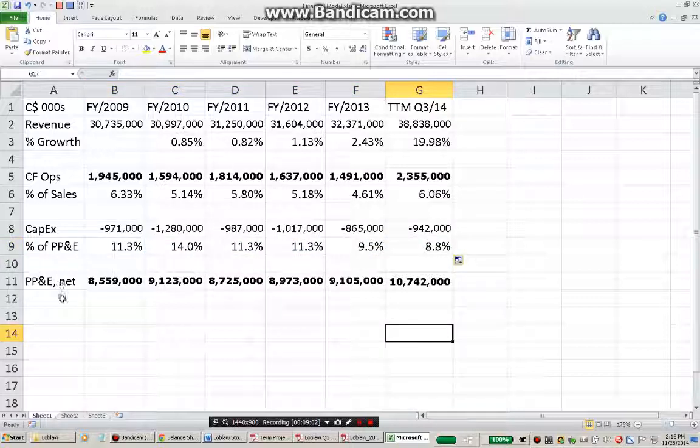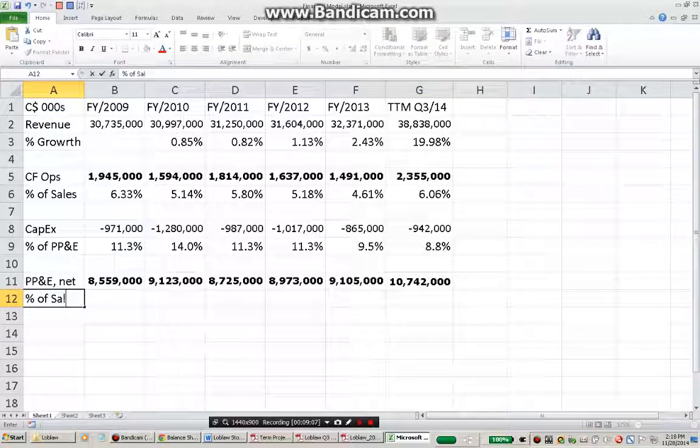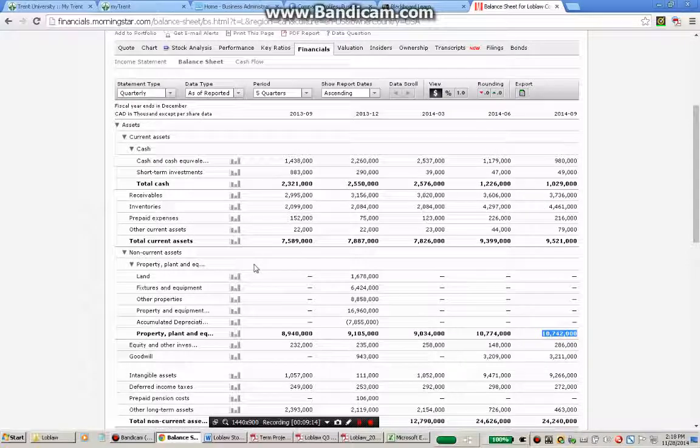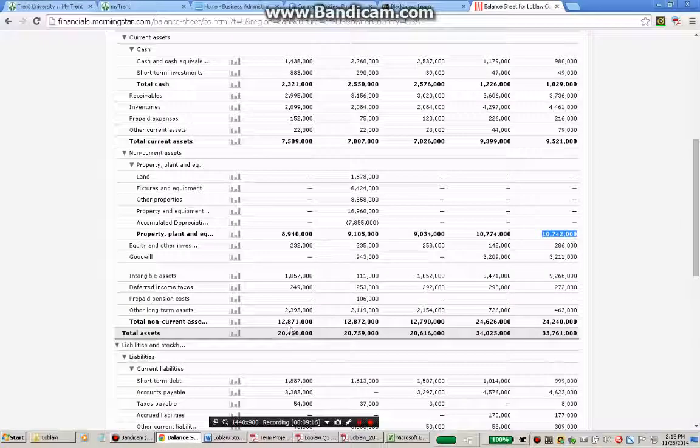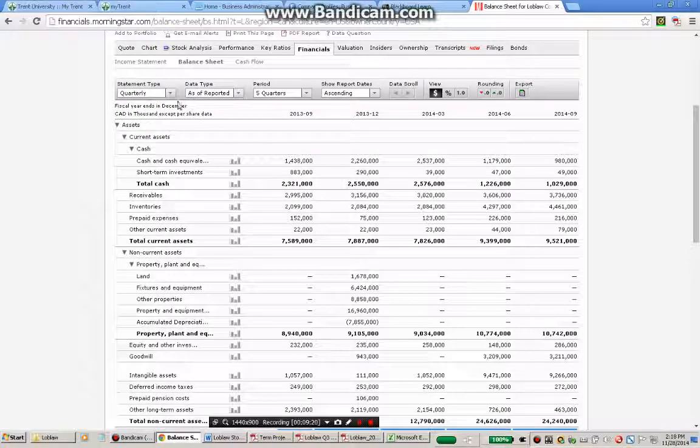Now I'm curious to know what PP&E is as a percentage of sales. Actually, before we do that, I'm also curious just to see total assets. Total, this is quarterly.